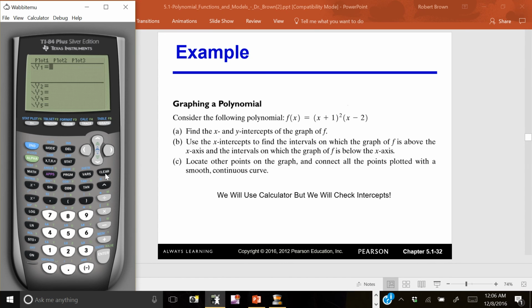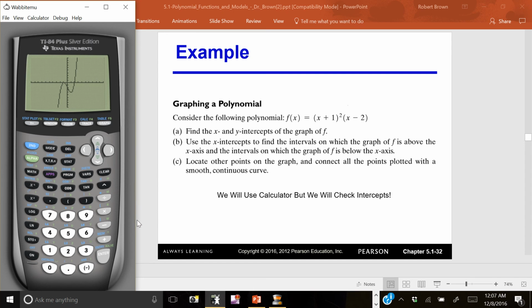Clearing out, we can put x plus 1 squared times parentheses x minus 2. And let's zoom to the standard window, which is zoom 6. And let's see what the graph looks like.